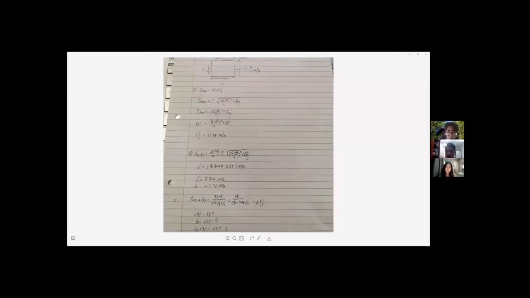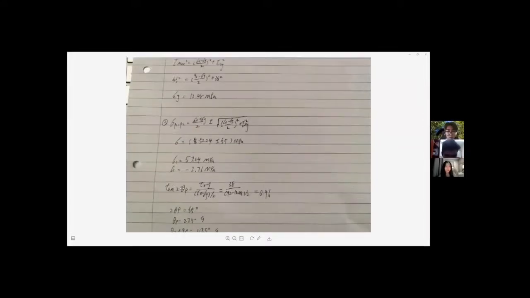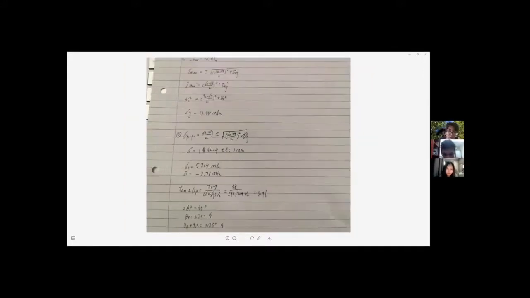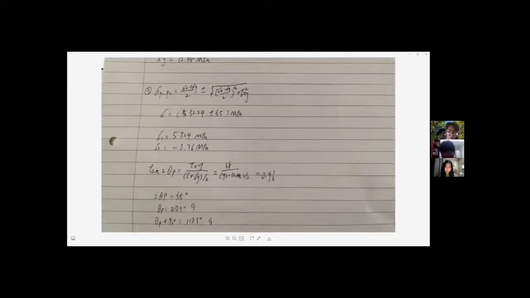As for the angle for the normal stress, 2 theta p is equal to about 0.96, and when we turn it to degrees, we get 55 degrees. But this is 2 theta, so for 1 theta we get 27.5 degrees.